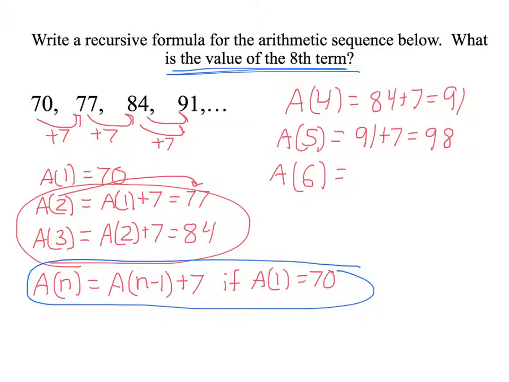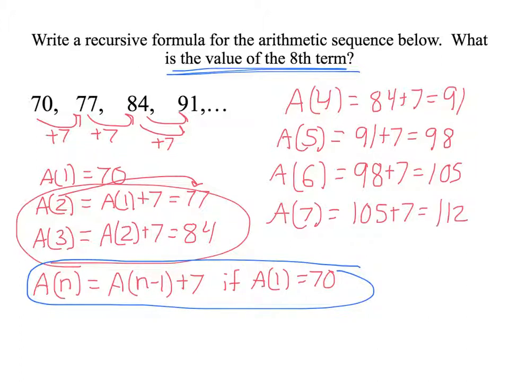A6 is A5, which is 98, plus 7, which is 105. A7 is A6, which is 105, plus 7, which is 112. And A8, the value of the 8th term, is going to be 112 plus 7, which is 119.